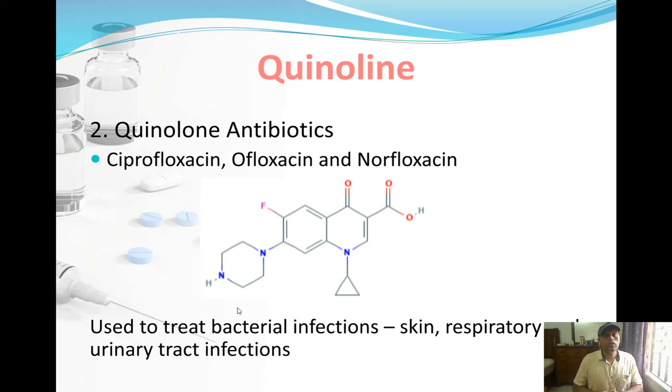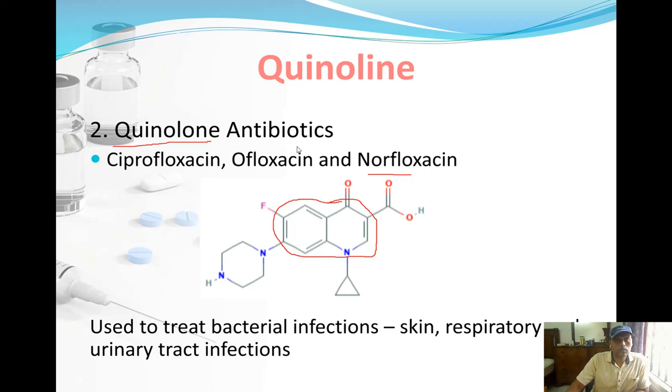The quinoline ring you can see in quinolone antibiotics, right? So it is quinolone antibiotics. Quinolone antibiotics are ciprofloxacin, ofloxacin, and norfloxacin. You can see the quinoline ring over here, right?